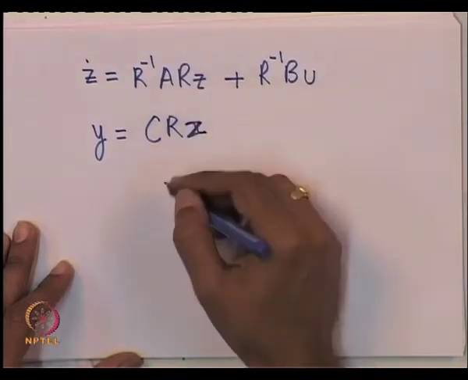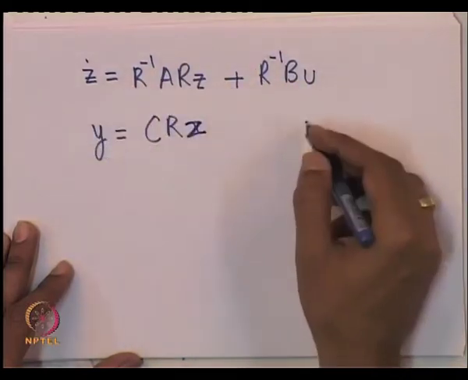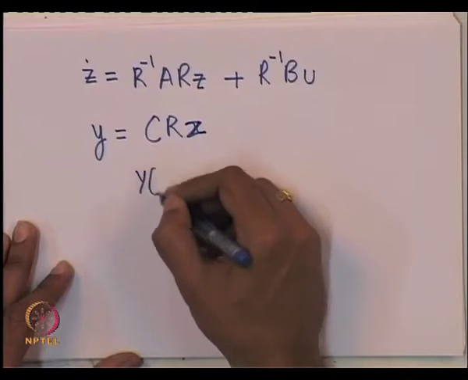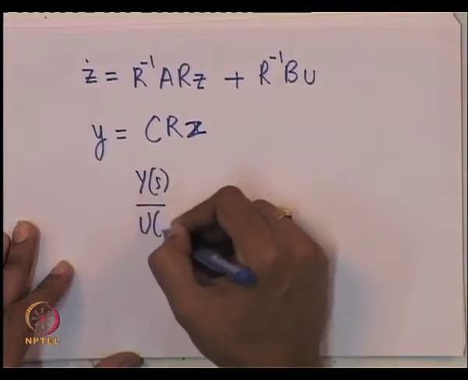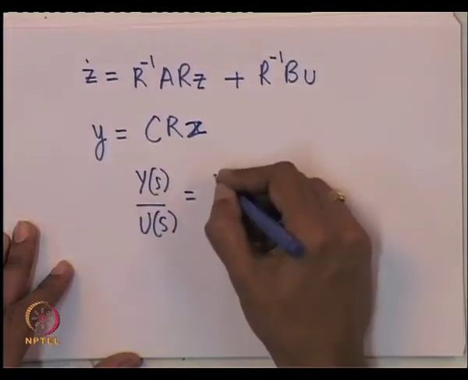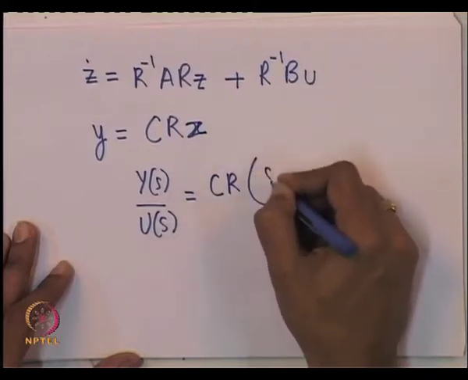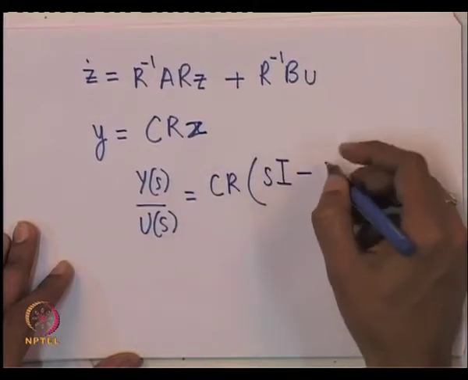Okay. The transfer function of this system is C R (sI - R^-1 A R)^-1 R^-1 B, where I is of course an identity matrix.